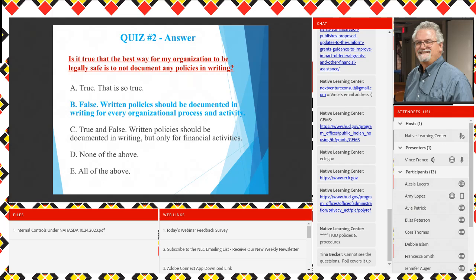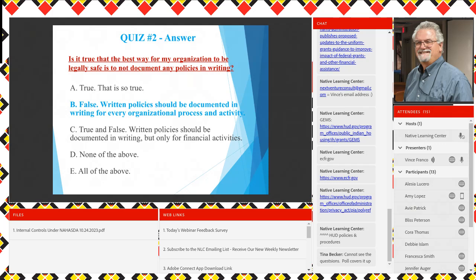This is what we did at the Native Learning Center. We had a very comprehensive policy on procurement. I started it the same way I told you, with referencing the uniform guidance. Then I went into the federal regulations. The uniform guidance 2 CFR says this about procurement: sealed bid, competitive, sole source.